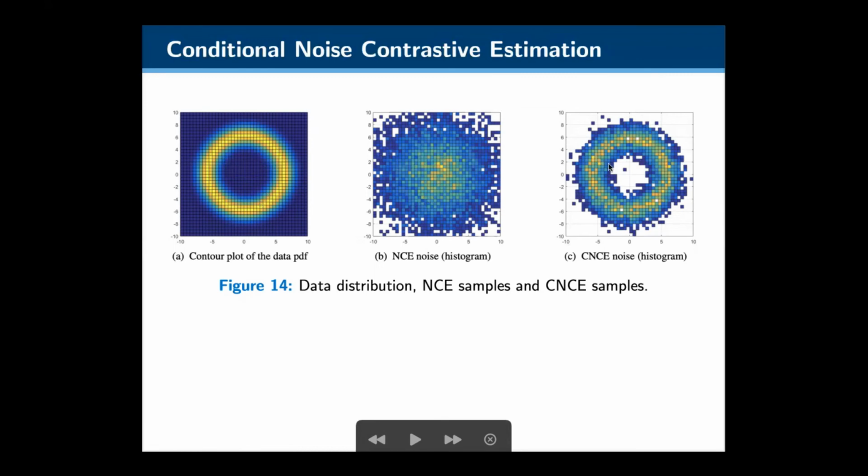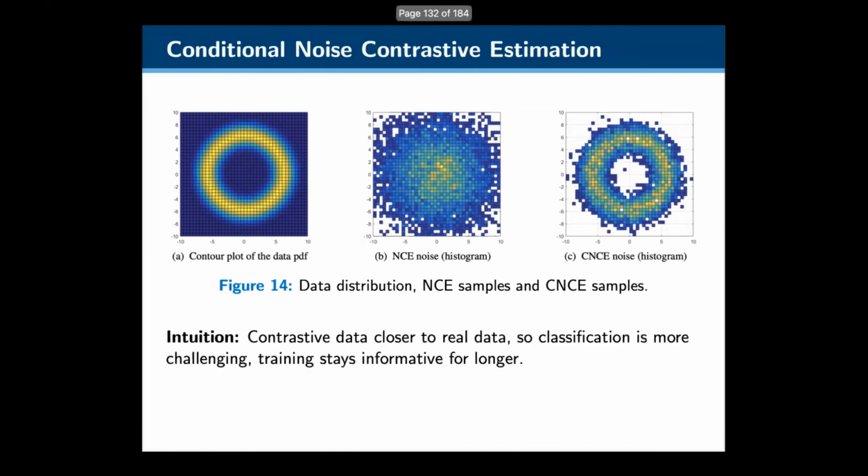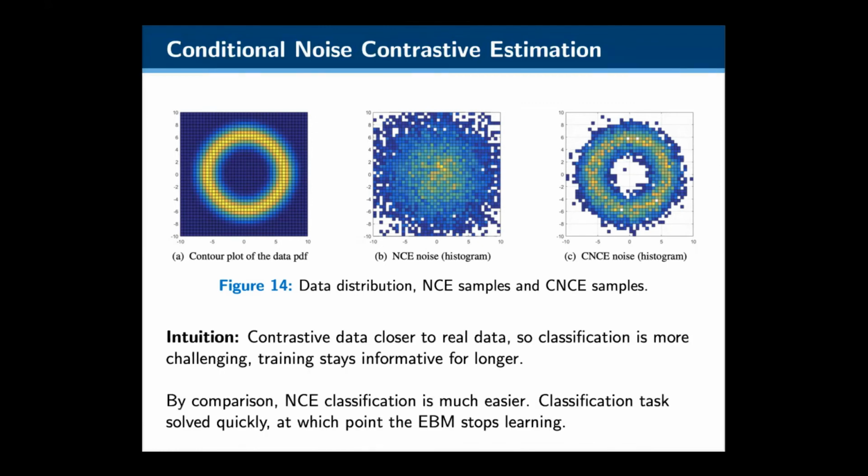By more difficult, the implication is that classification is more challenging and training stays informative for longer. Whereas in the first case, NC classification is much easier. So your model will quickly learn to classify the noise versus your true samples, and will stop learning because it has learned this task already.